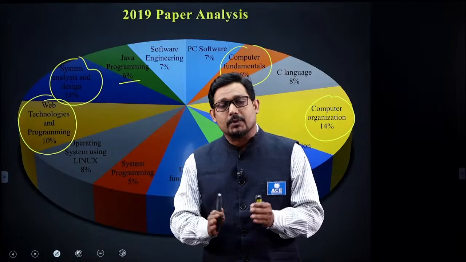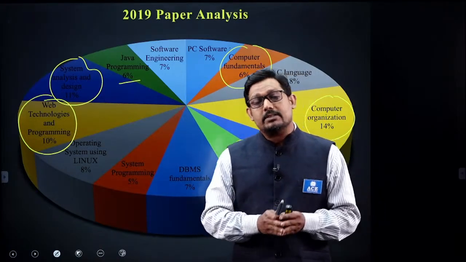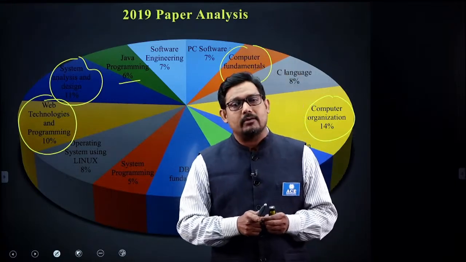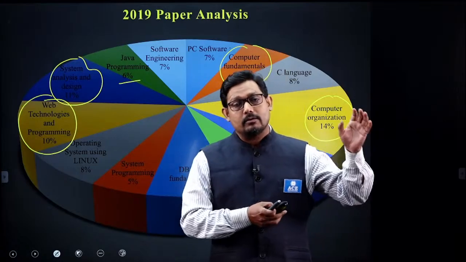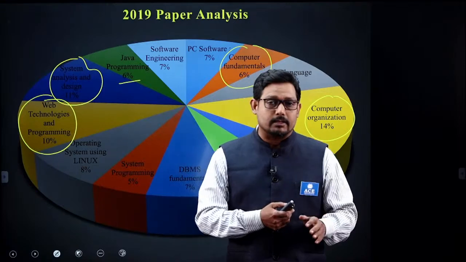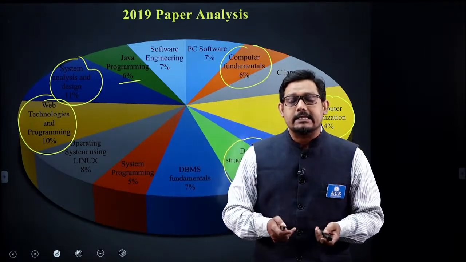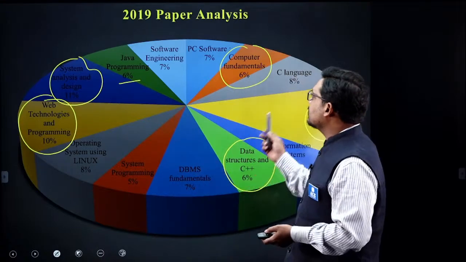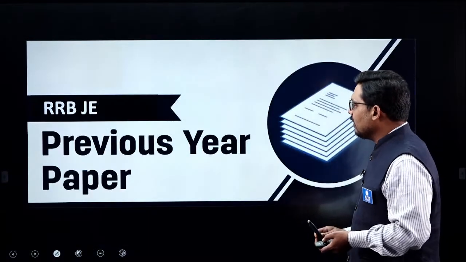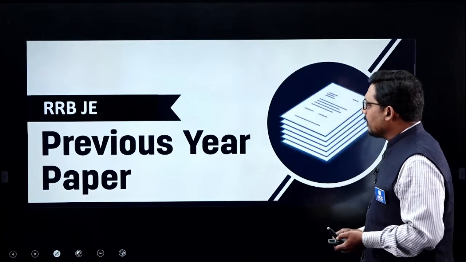The syllabus is huge, as we have seen for CBT1 and CBT2, and practically everything you might have learned from the beginning of your academic career is covered here. So coverage is more important, and every topic will be touched, as this paper analysis says.